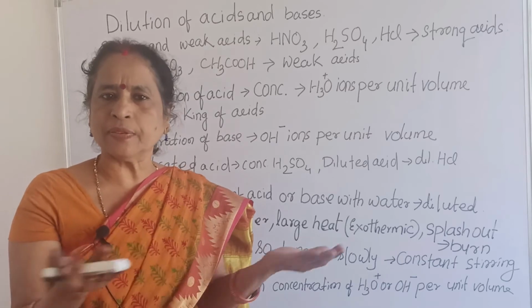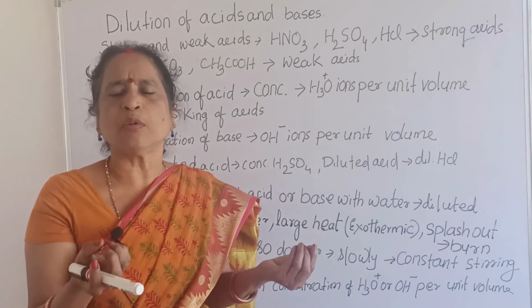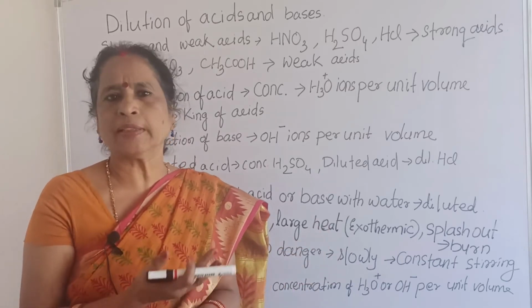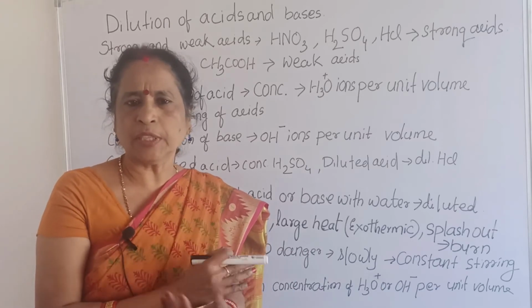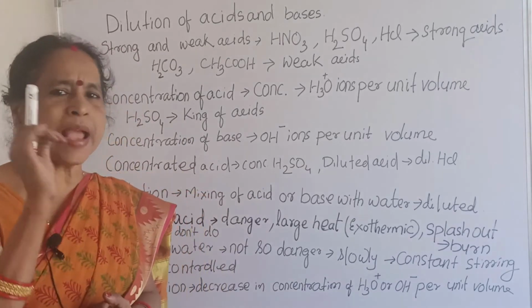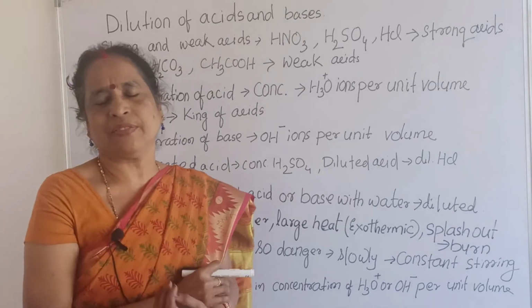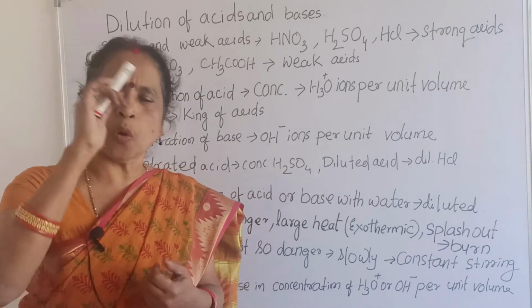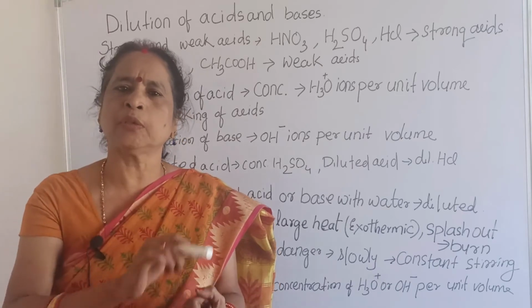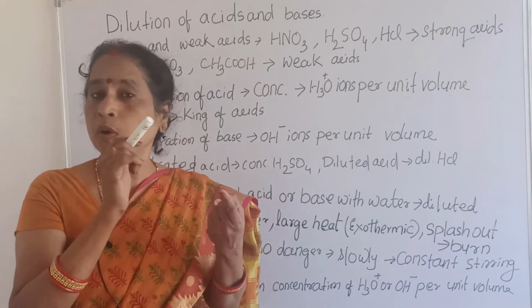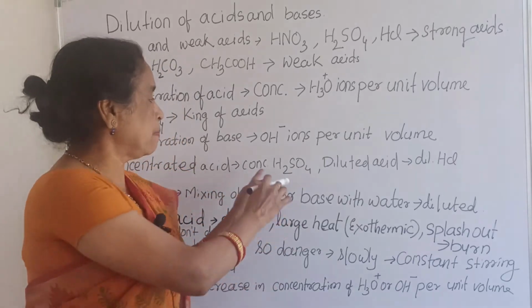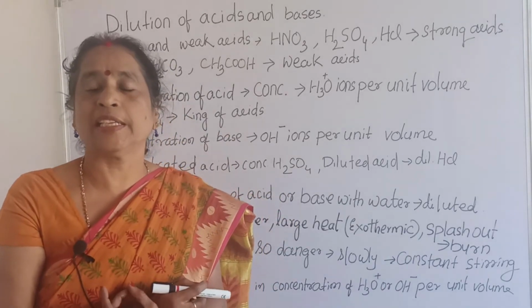But what is the difference between the two? Only the amount is different, and the water will be different that much. The calculated amount per water, that is the only difference. No, actually the main important thing is that the reactions are different. Some reactions are only carried out in the presence of dilute sulfuric acid or dilute hydrochloric acid, and some reactions are only carried out in the presence of concentrated sulfuric acid.